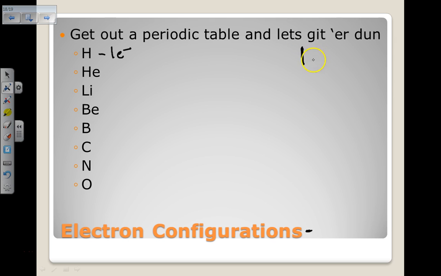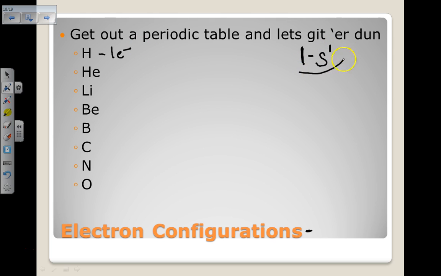It turns out that first shell can only have 1 subshell, so it can only have an S subshell. And then one of the things we skip over is the orbitals, and then how many electrons go into that S orbital? 1.